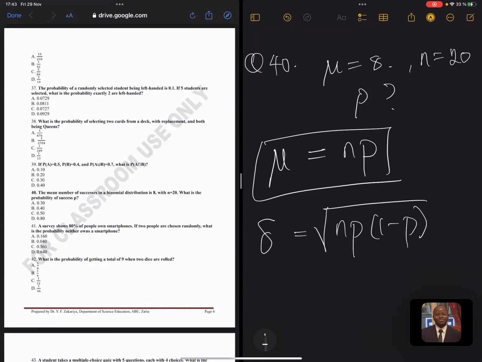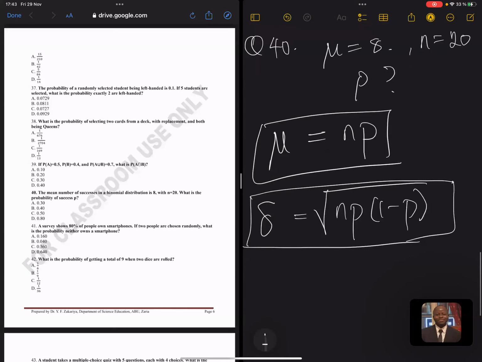We didn't cover these aspects in class. So the mean of a binomial distribution is np, where n is the number of repetitions in your experiment and p is the probability of success. The standard deviation is the square root of np, which is again the mean, multiplied by the probability of failure, 1 minus p.